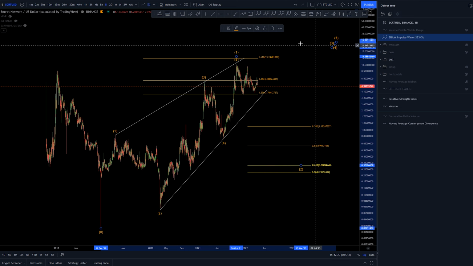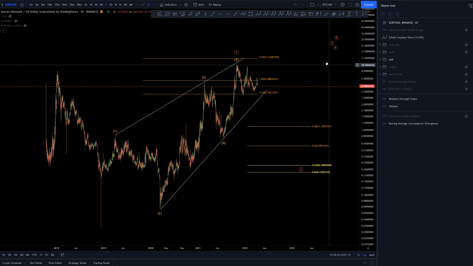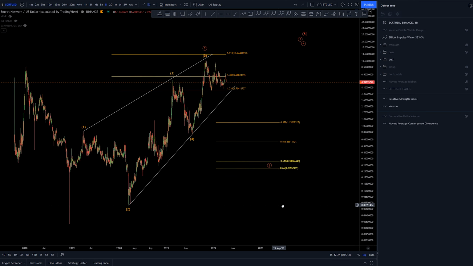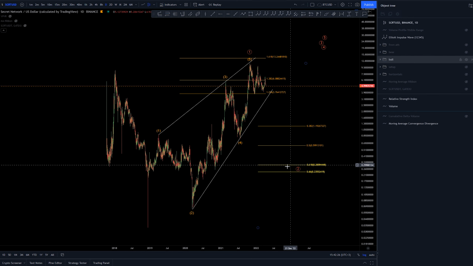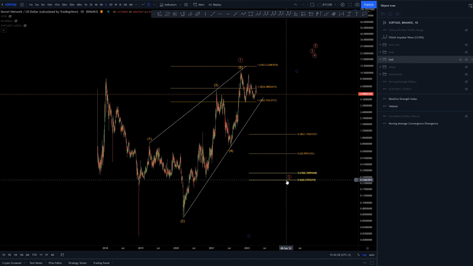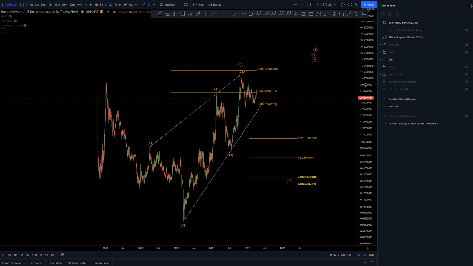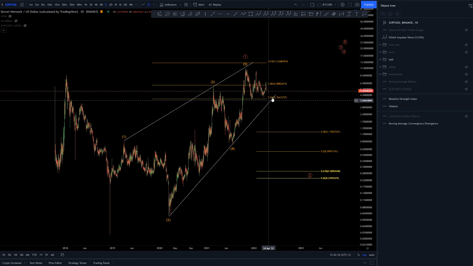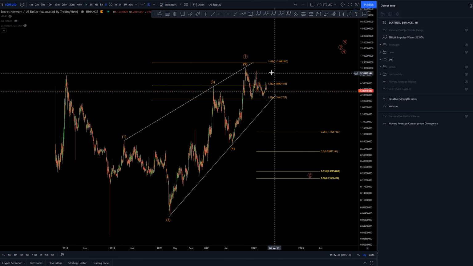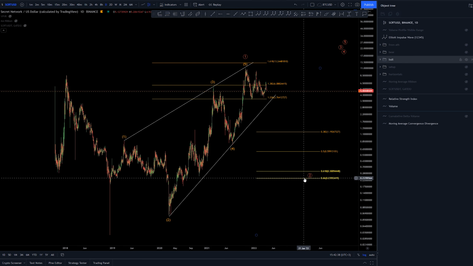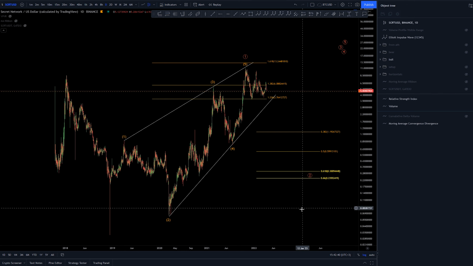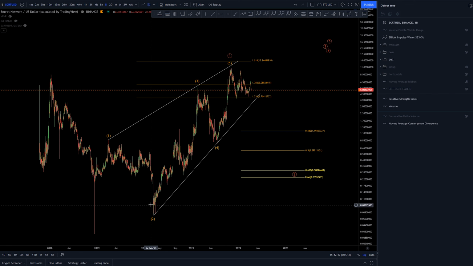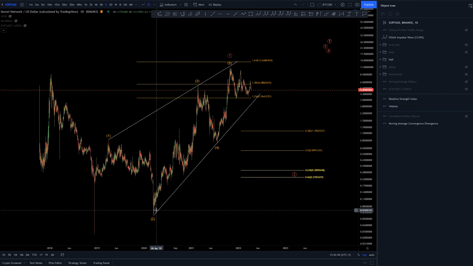Next, on a grand scale, we would be looking for wave 2 downwards. Whether it comes down all the way to this golden pocket is hard to say. And yeah, this looks like a consolidation area, and doesn't really look like wave 2 at this moment. However, this is basically the only bullish way I could see this market going.